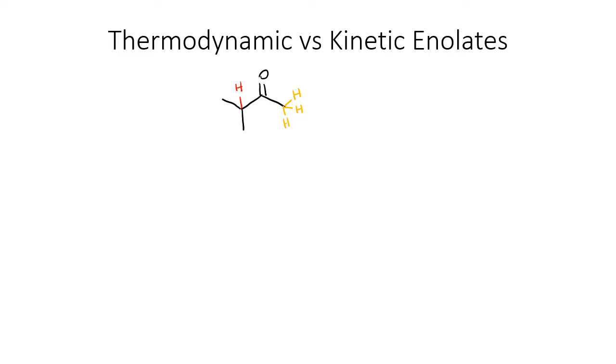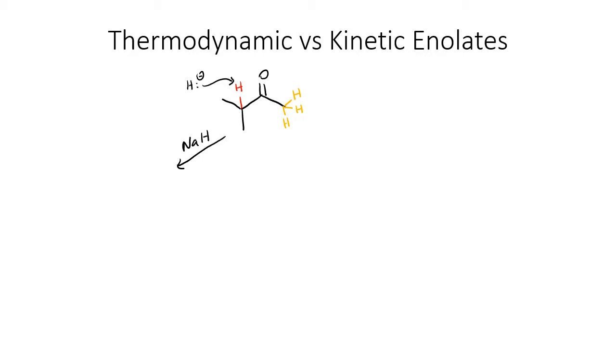Now the sodium hydride is always going to remove the hydrogen from the more substituted carbon. So in this case, our sodium hydride will remove the alpha proton that is in red.